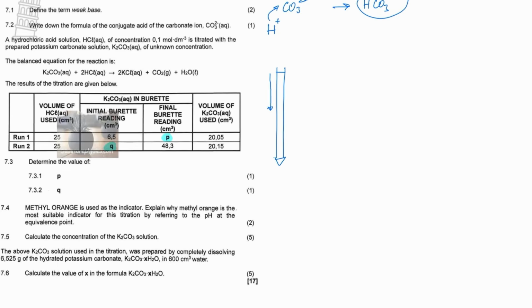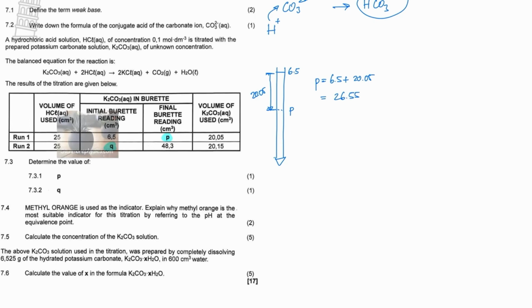So what they are saying is the initial reading is 6.5, and it stops at P. So the numbers increase as you go down. We want to know what P is, and they tell us the volume used. From here to here is 20.05. So P is going to equal 6.5 plus 20.05, which is 26.55.